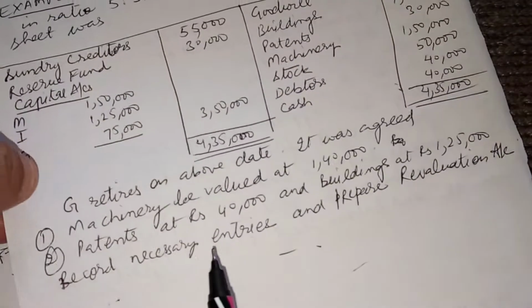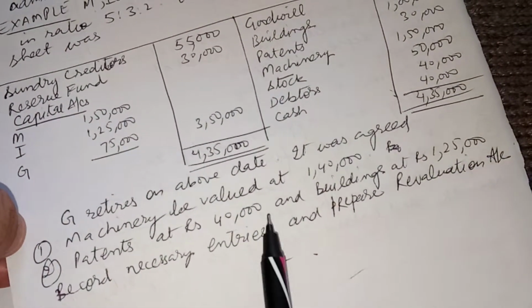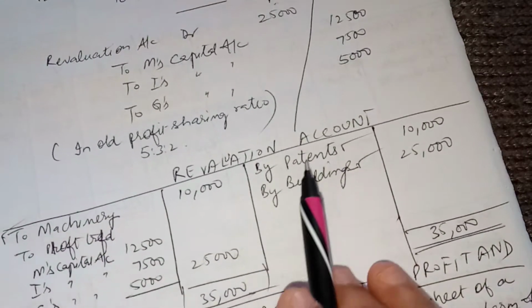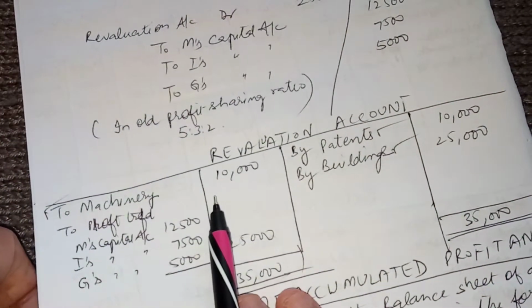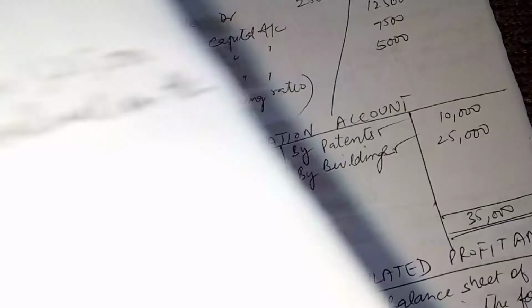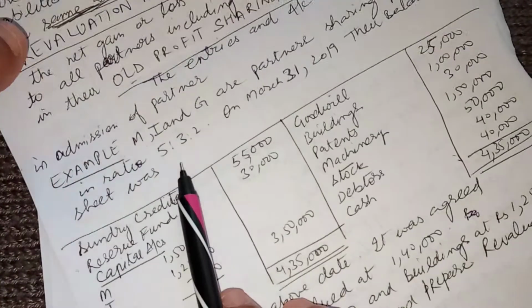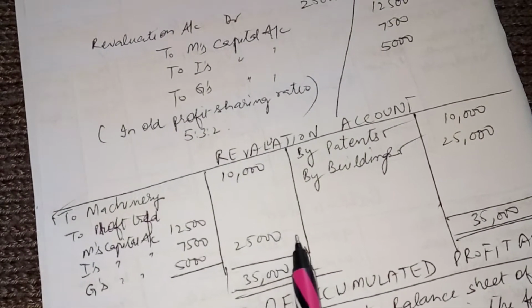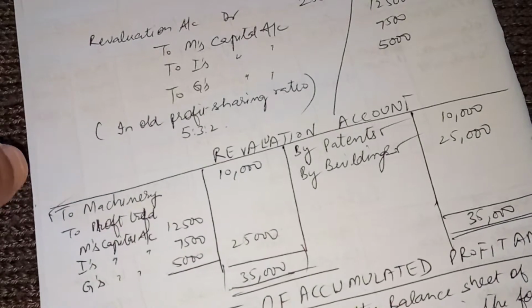Only these three entries were there. Now we will balance the revaluation account, and the profit will be transferred to the old partners in their old profit sharing ratio, that is 5:3:2. Here the balance is 25,000, which will be transferred to the three partners.